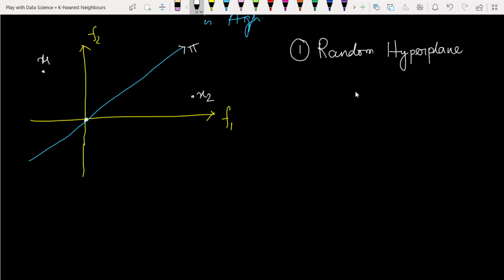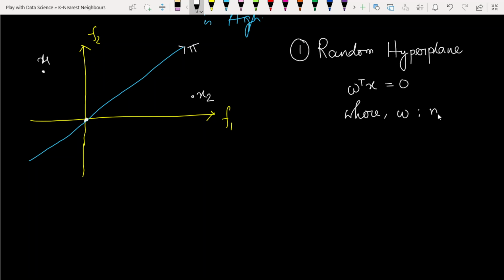If a plane is passing through the origin, the equation of such a plane will be w transpose x equals 0, where w is the normal to the plane.